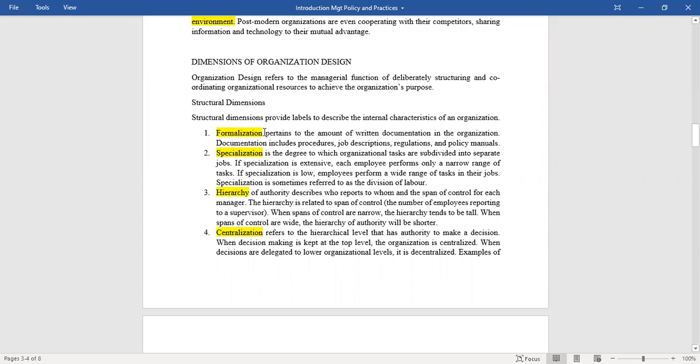So the organization can be more formalized where there's a lot of paperwork, or it can be less formal and more informal. Completely informal organizations are those which will have absolutely no kind of record, everything is just simply understood. But remember that completely informal organizations cannot be designed in a particular manner, ठीक है?